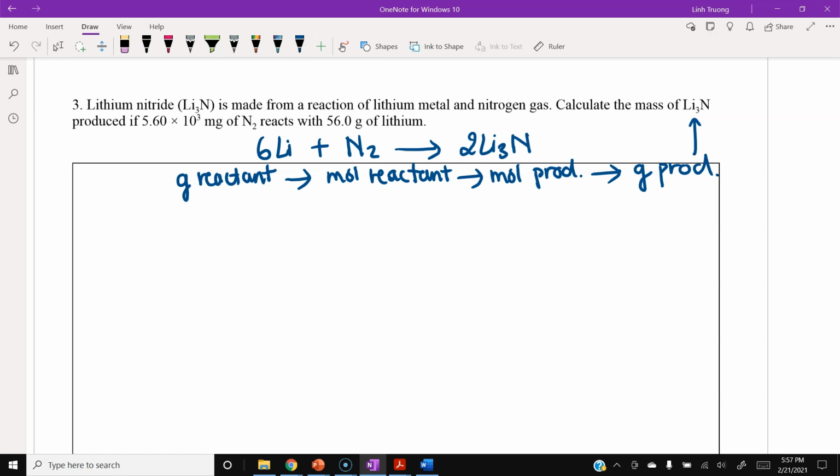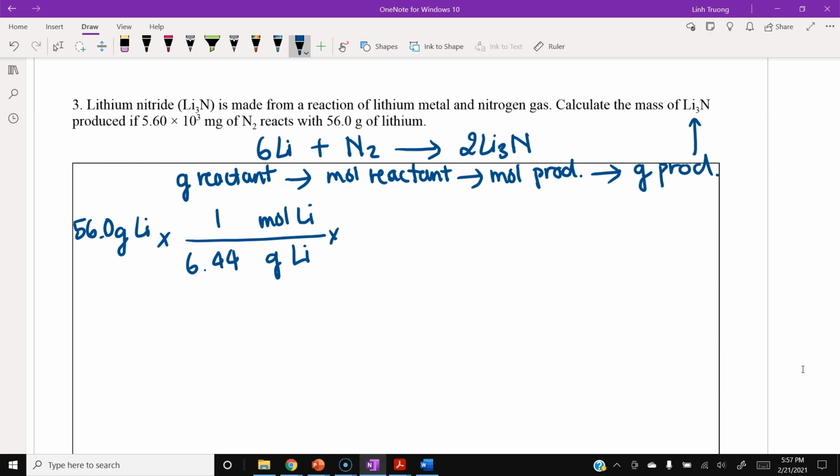I have 56.0 gram of lithium, and I want to convert that to mole of lithium using the molar mass. I know that the molar mass of lithium is 6.44 gram per mole. Then I want to convert that to mole of the product, which is lithium nitride.